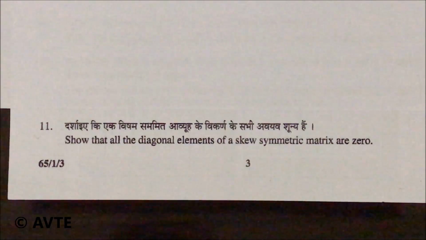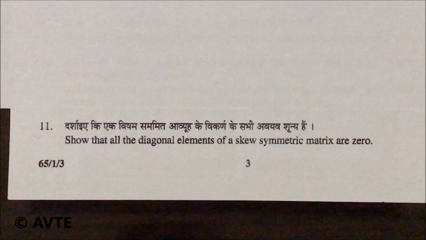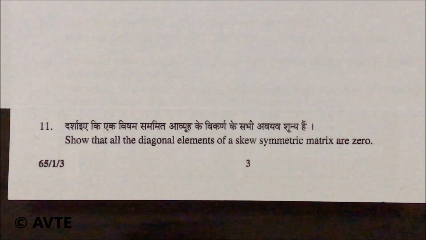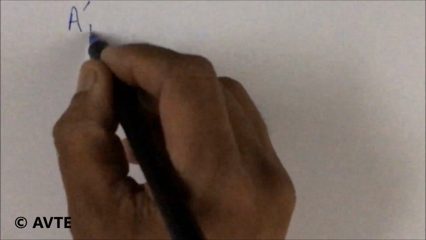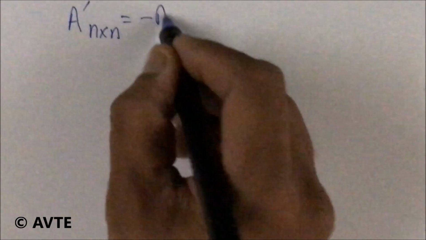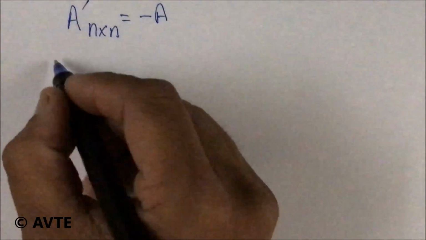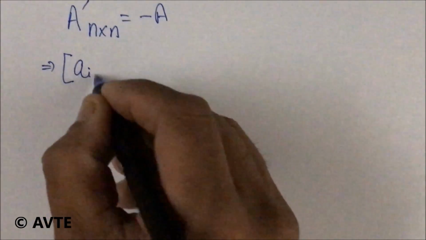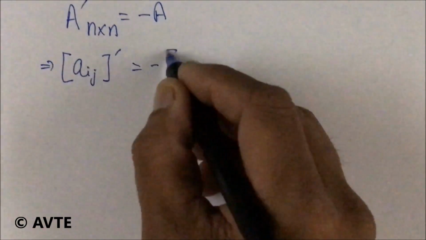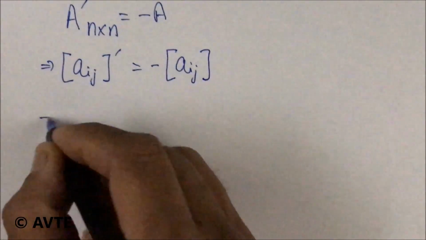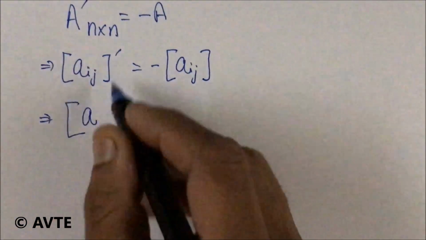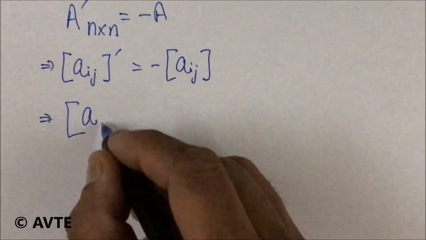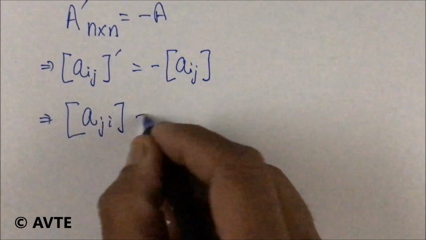Question number 11. Show that all the diagonal elements of a skew-symmetric matrix are 0. We are given that A is a skew-symmetric matrix. Therefore, A dash is equal to minus A. This implies... and if we take the transpose, then a_ij will turn to a_ji.